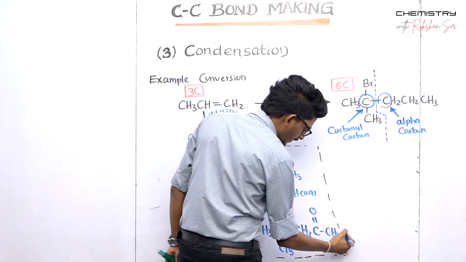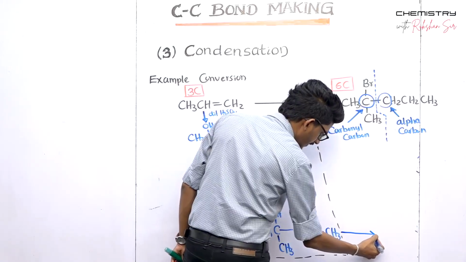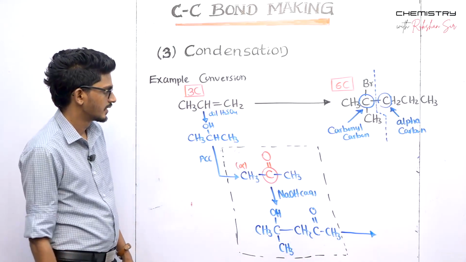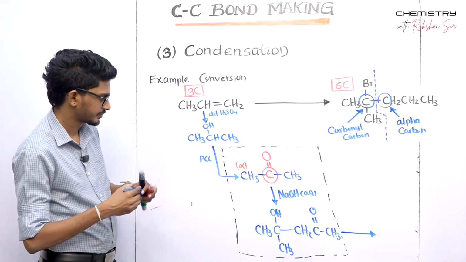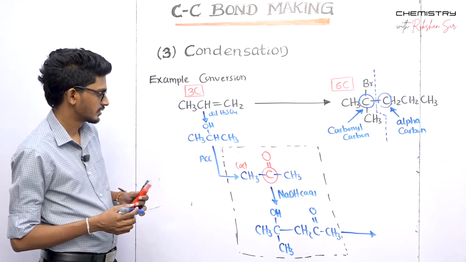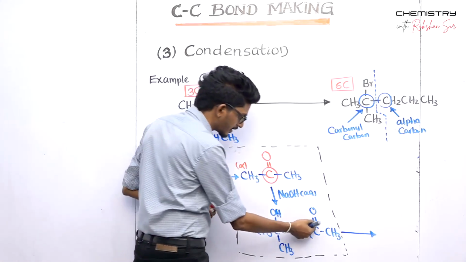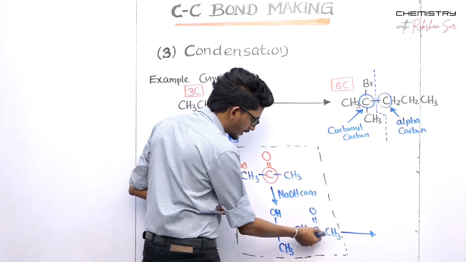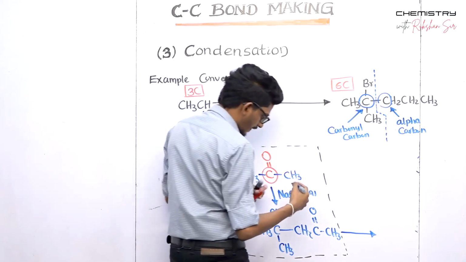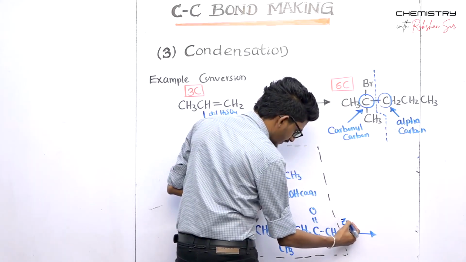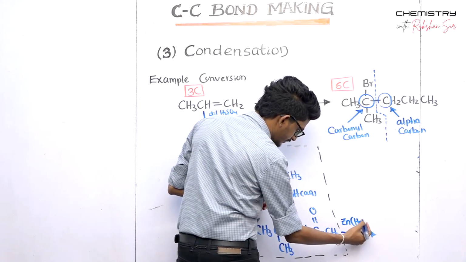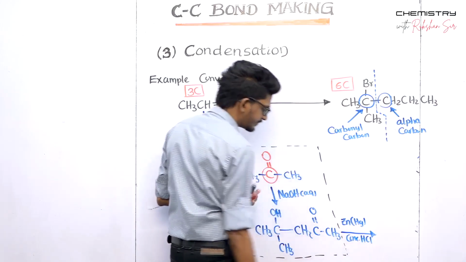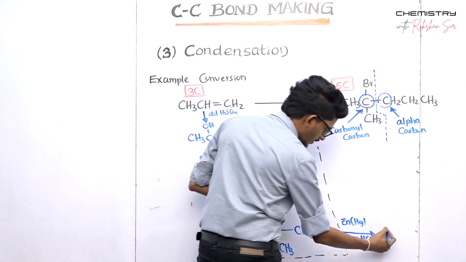First of all, you can use the Clemmensen reduction to get rid of this C double bond O. You can copy the Clemmensen reduction, where you are supposed to add the zinc amalgam with some concentrated HCl, right?